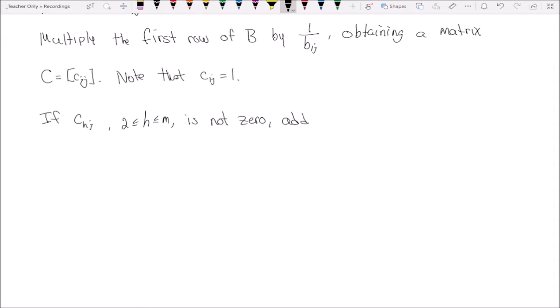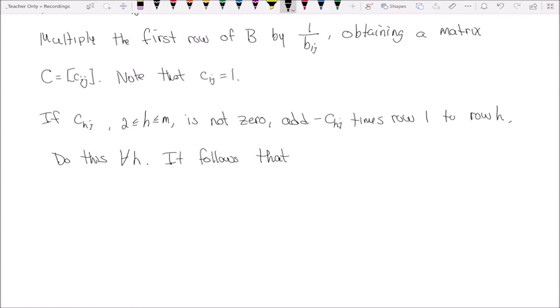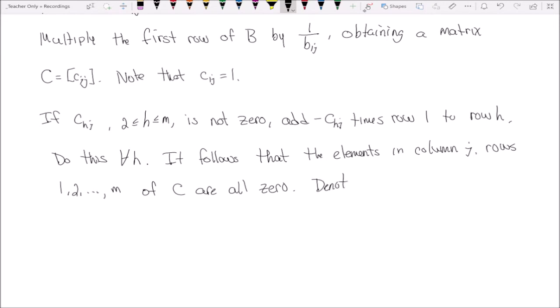So to do that, add negative CHJ times row 1 to row H. And we do this for every value of H. It then follows that the elements in column J, rows 1, 2, and so on up to M of C are now all 0. Denote this matrix D.